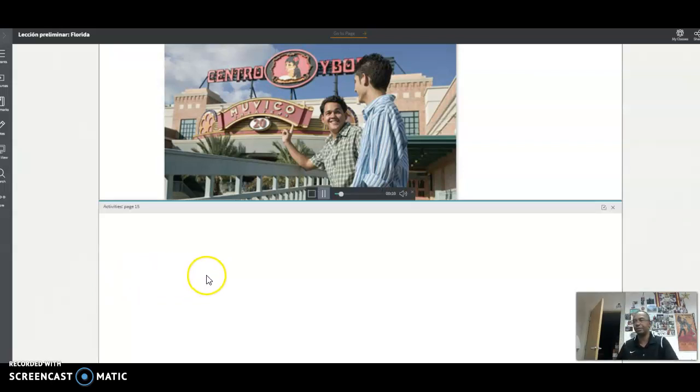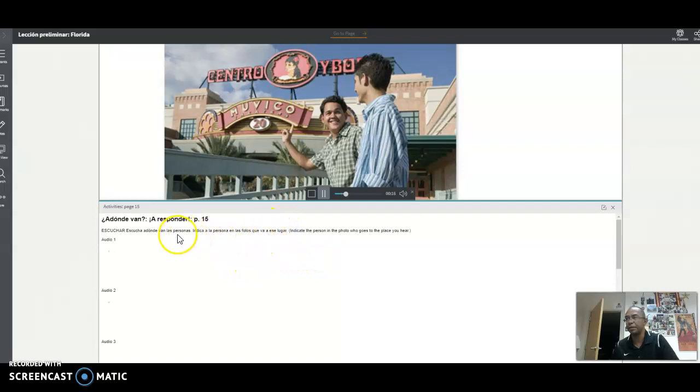A responder. Escucha a dónde van las personas. Indica a la persona en las fotos que va a ese lugar.